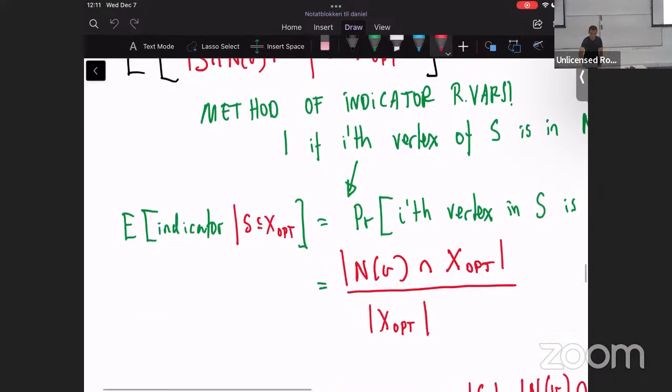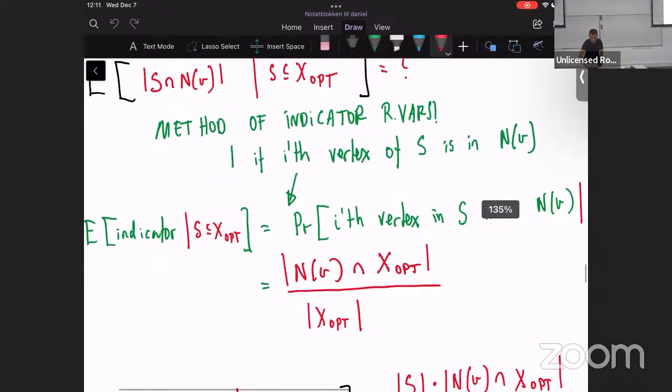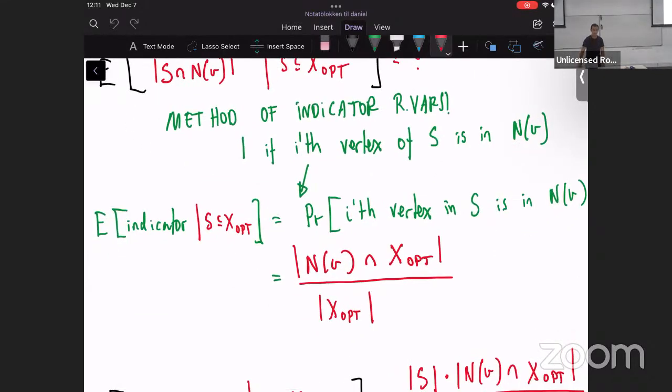And here we have already computed this. This is a method of indicator random variables. What is the probability that the ith vertex from the sample comes from N of v? Well, that's N of v intersection X opt divided by X opt.